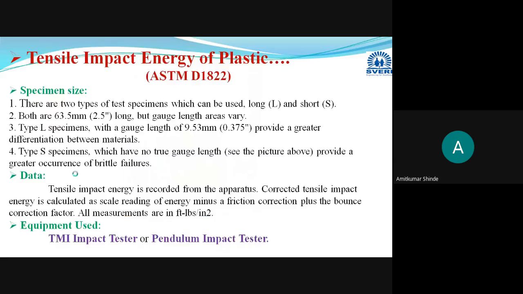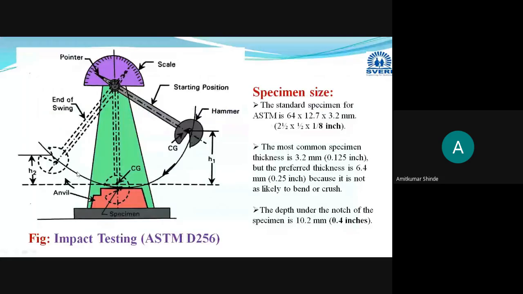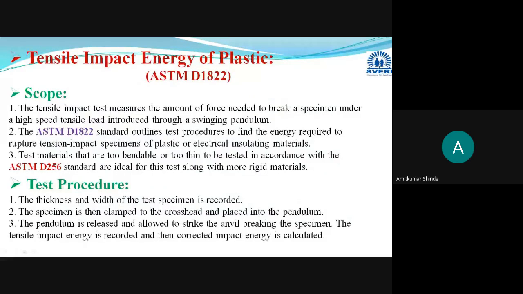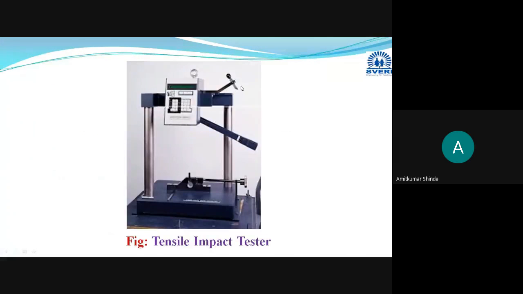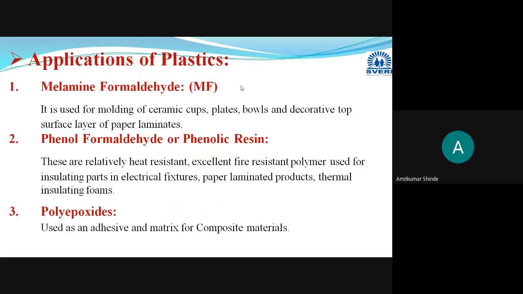Now, what we have learned in this session: we have learned how impact testing is performed on plastic material using the ASTM D256 standard, and how tensile impact energy testing is performed using the ASTM D1822 standard. Then this tensile impact tester, its constructional details and test procedure.